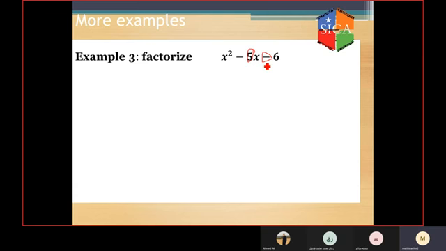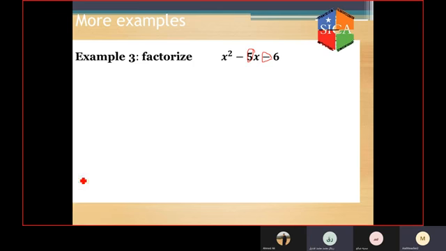The last term here is negative, so we use the strategy product difference, because the last sign is negative. We search for two numbers whose product is 6 and whose difference is 5.